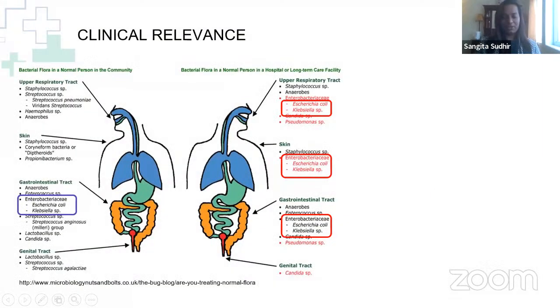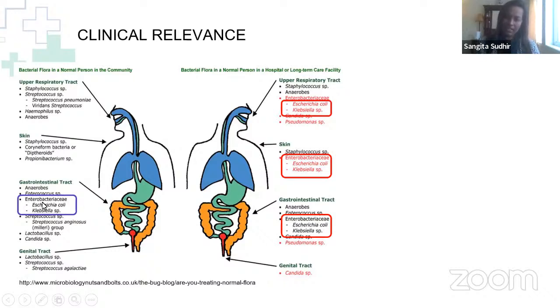Okay, thank you. Let's move on to the clinical relevance of these organisms. As you can see from this picture, this is the normal bacterial flora of a normal healthy person in the community, whereas this is the bacterial flora in a person admitted to a hospital or a long-term care facility.